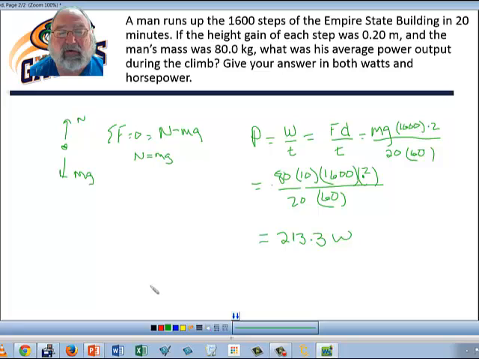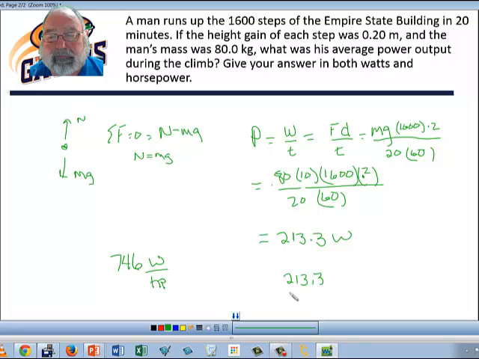Well, how many horsepower is it? This is a unit conversion. There's 746 watts per 1 horsepower. Okay, so I'm going to need to divide 213 by 746 to come up with the horsepower.